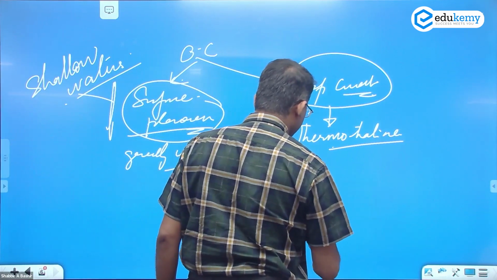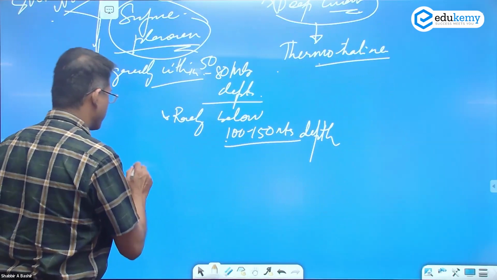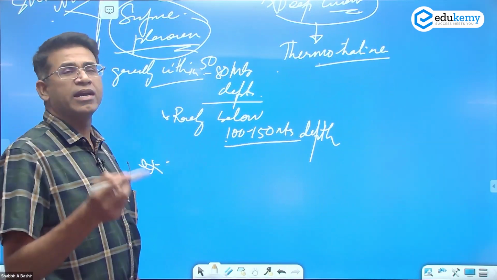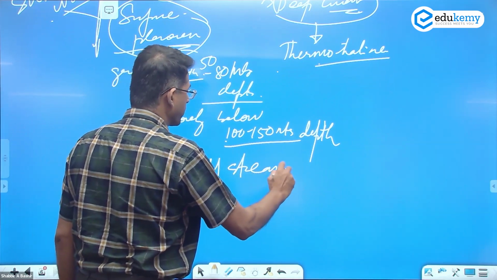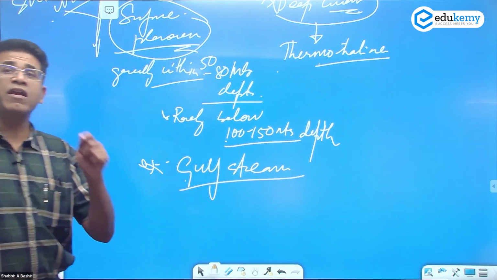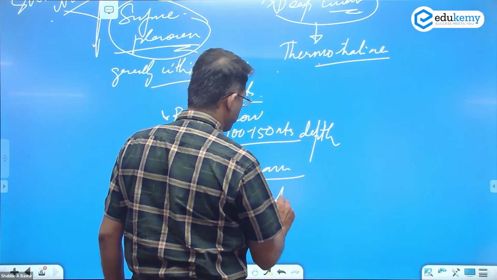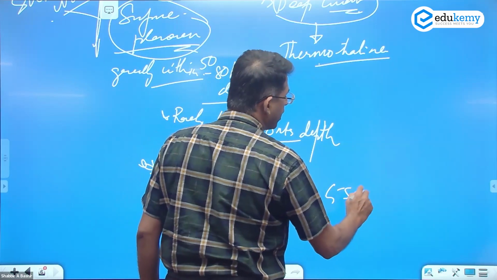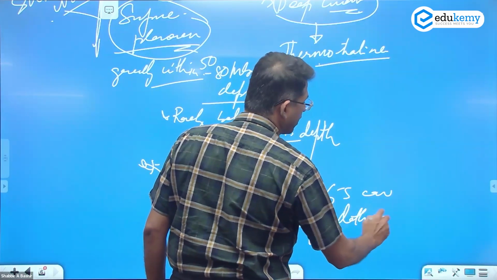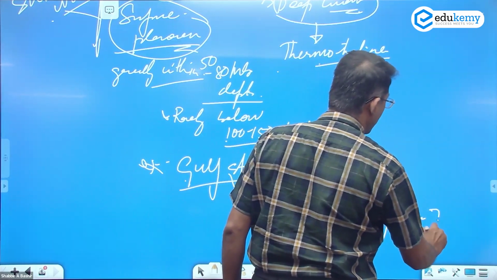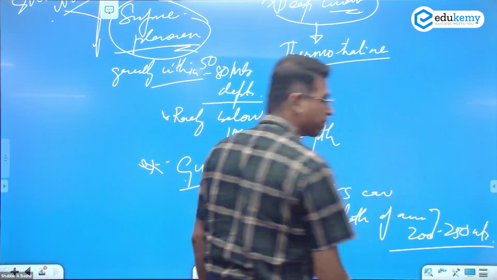Some of them can become deeper. Like, for example, there is a current called the Gulf Stream. The impact of the Gulf Stream can be for depths as much as 200 to 250 meters भी होता है.